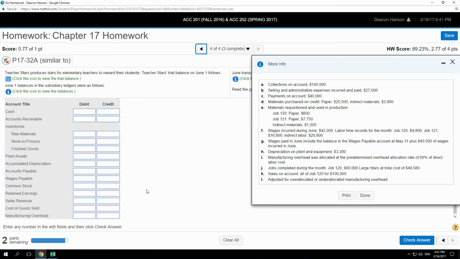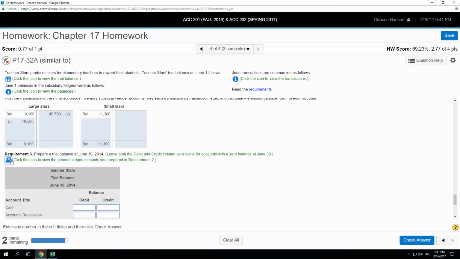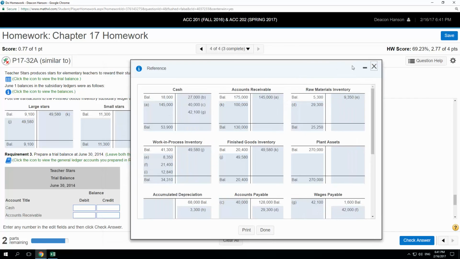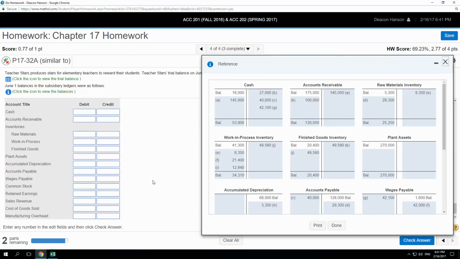Let's see. Now they want a trial balance. Okay, and hopefully they give us a link to the ledger, and they do. So it's just a matter of putting together this trial balance. We'll take the cash balance, we'll take the balance from each account.